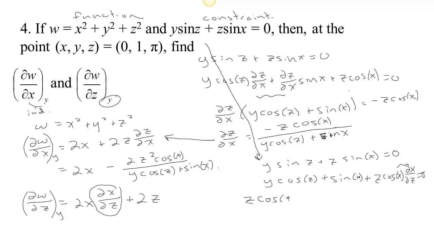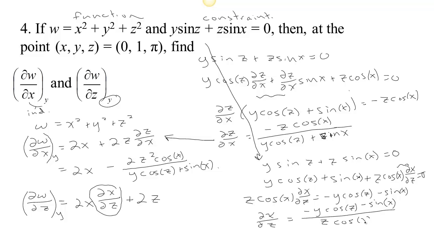We get z cosine x dx dz, moving all this stuff over to the other side, equals minus y cosine z minus sine x. So dx dz is equal to minus y cosine z minus sine x, all over z cosine x.